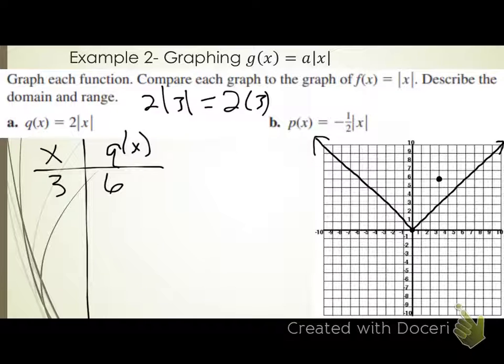Okay, someone give me another value. 7? 7's going to give me a point that's off the graph. So let's go for another value. 5? What's the absolute value of 5? 2 times 5? 10. So I can go right 5, up 10.